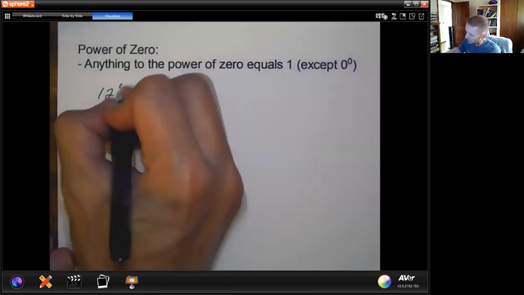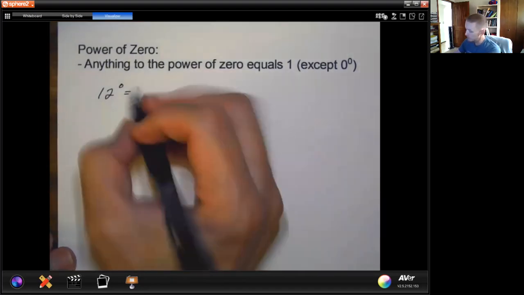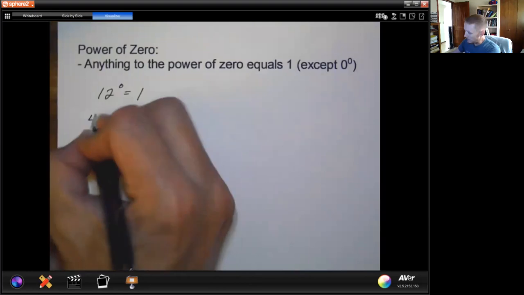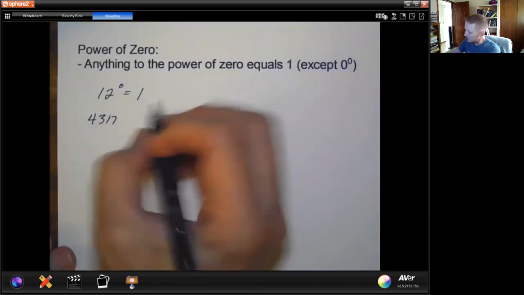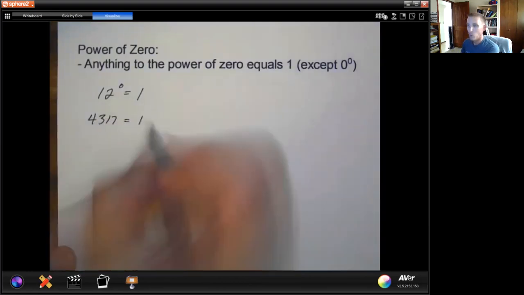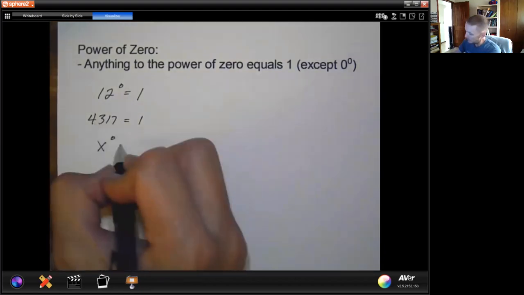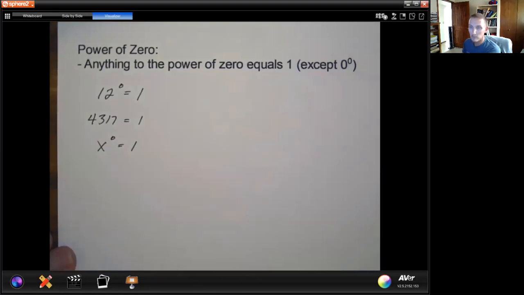So 12 to the 0 power equals 1. 4,317 to the 0 power equals 1. X to the 0 power equals 1. Unless, of course, x was 0, and then it wouldn't happen.